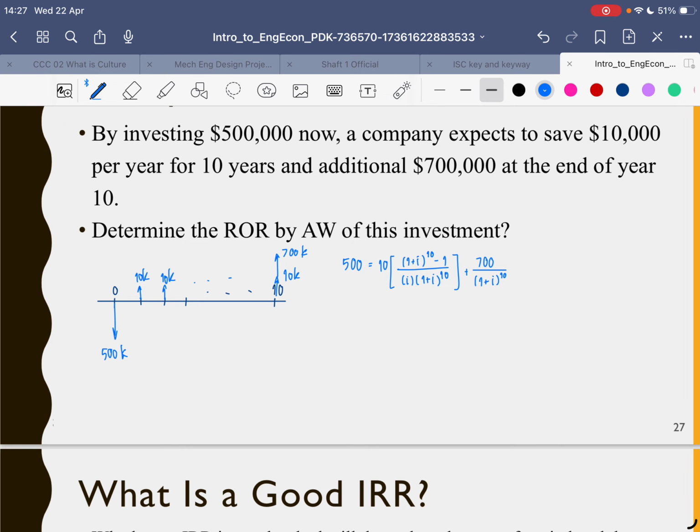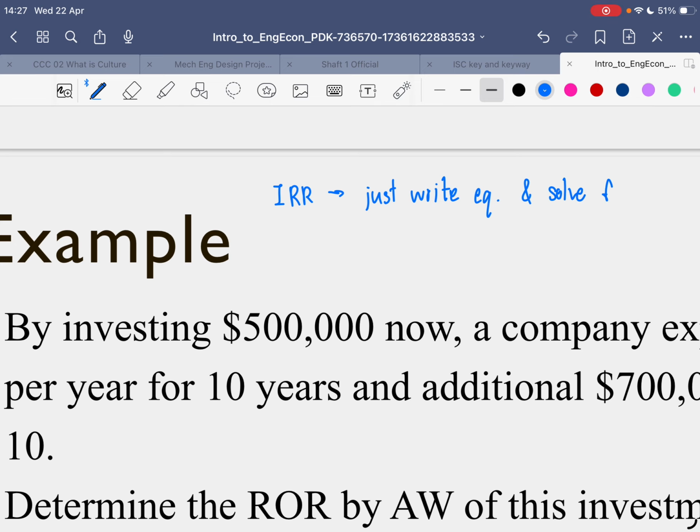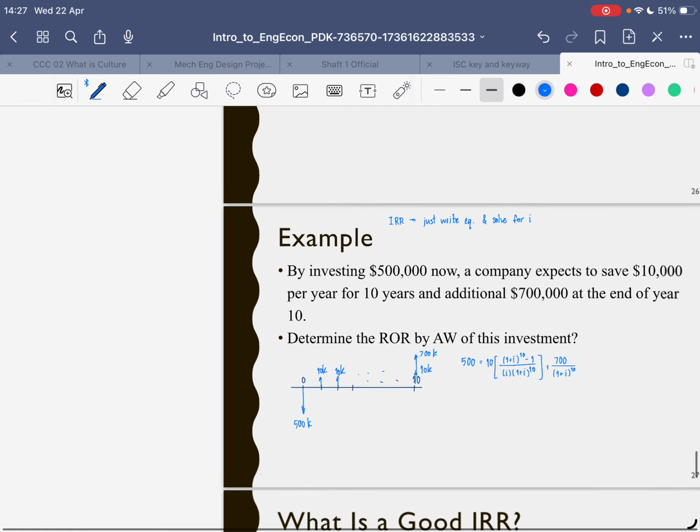And that's what you need to do in IRR or rate of return analysis. And you will find out that i is equal to 5%. Any questions about the internal rate of return?